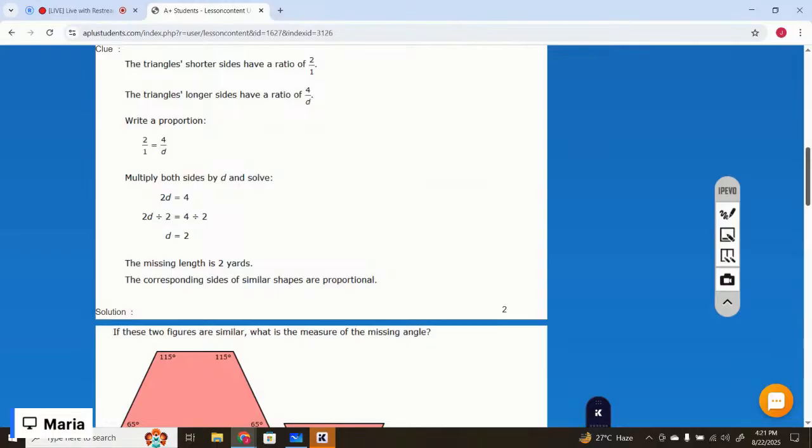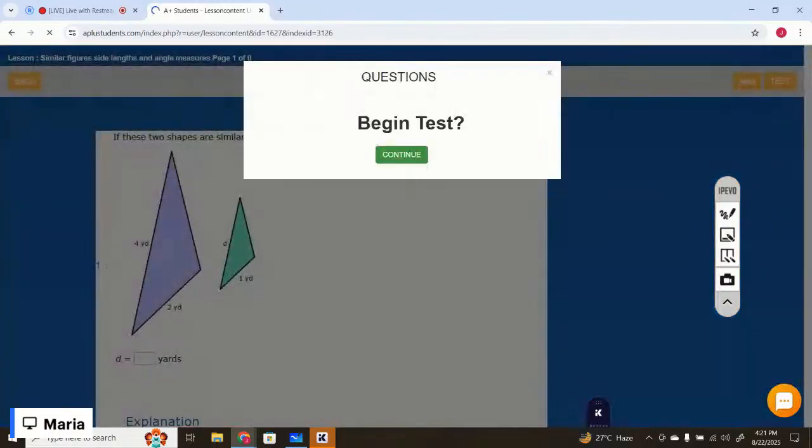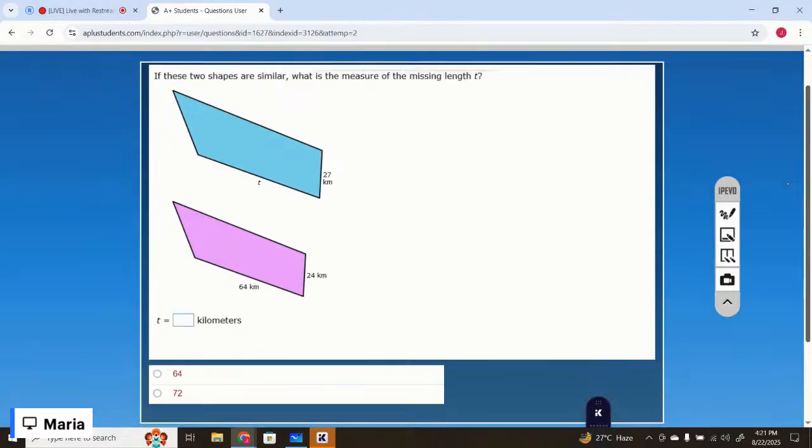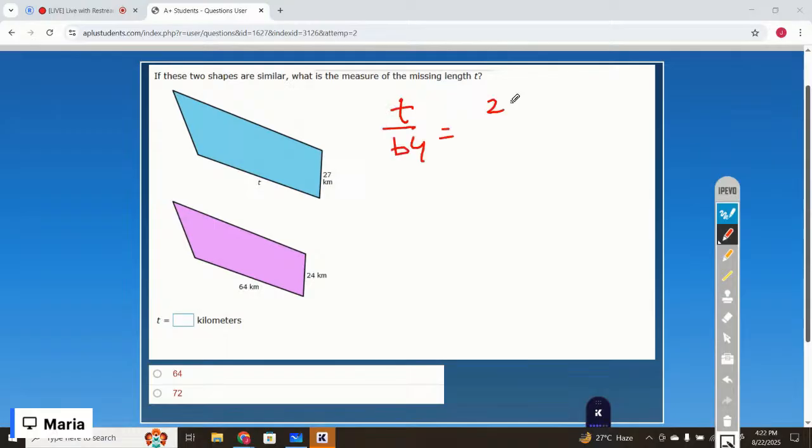Let's just start with the test questions. If these two shapes are similar, that is t by 64 equals 27 over 24.